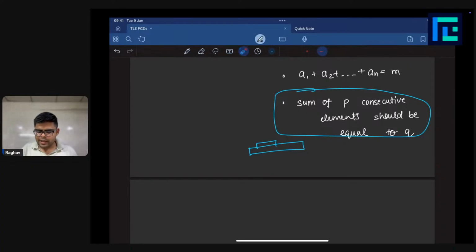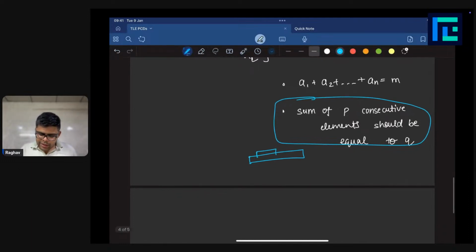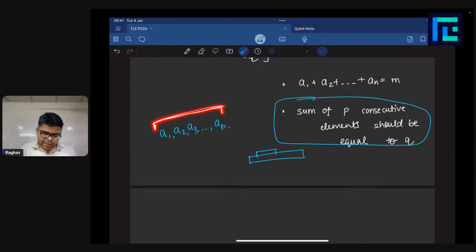If you ever see something like this in any problem, where the sum of p consecutive elements should be equal to q for all of the p consecutive elements that you can choose, then your array would look something like this: a1, a2, a3, and so on till ap. Since the sum of these p elements and the sum of the p elements from a2 to a of p plus 1 should be equal, and all of these are common in both subarrays, you can prove that a1 must be equal to a of p plus 1, right?